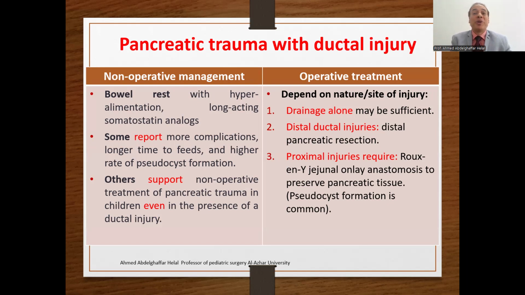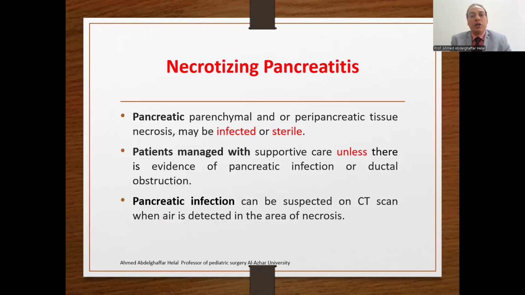On the other hand, operative management, what to do? Drainage alone may be sufficient in some cases. Distal injuries are treated with a distal pancreatic resection, and some literature describes that it may be performed laparoscopically. Proximal injuries require an anastomosis with an intestinal loop, a Roux-en-Y jejunal onlay anastomosis to preserve the pancreatic tissue, and pseudocyst is a common complication in such cases.